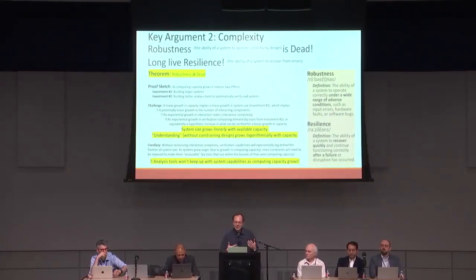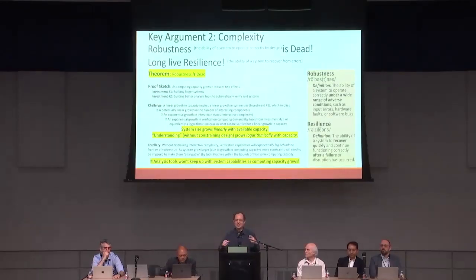And so I try to go through this mental exercise of what is the eventual asymptotic behavior of these improvements? And you can argue that as capacity grows, let's say linearly, systems grow linearly, so they'll have more components, but then the interactive complexity between these components will actually grow exponentially.